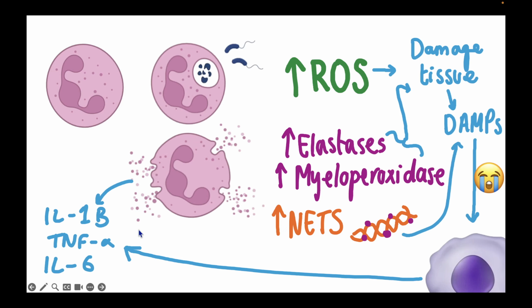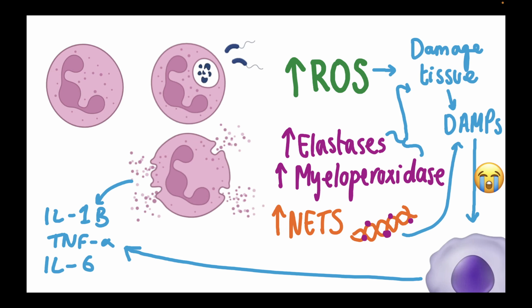Now, this is fine as long as it goes down after a while, and as long as there is some kind of regulation. But when they're being released left and right from everywhere, from macrophages, neutrophils, like every cell is producing them, they spill over into the system.